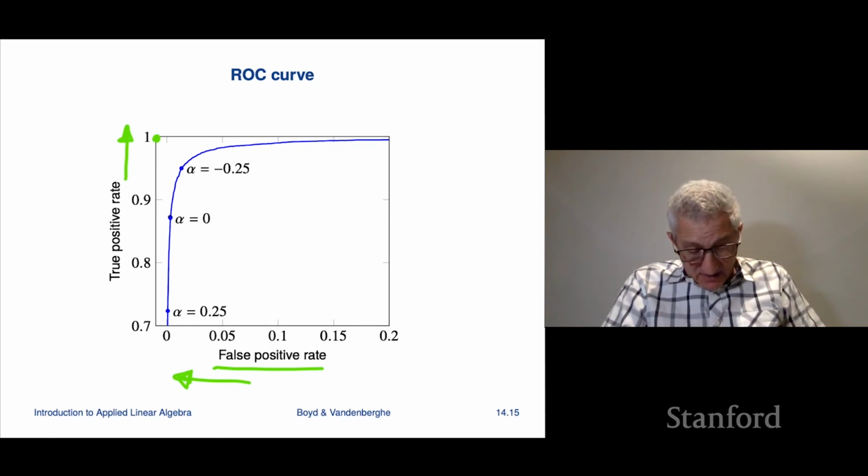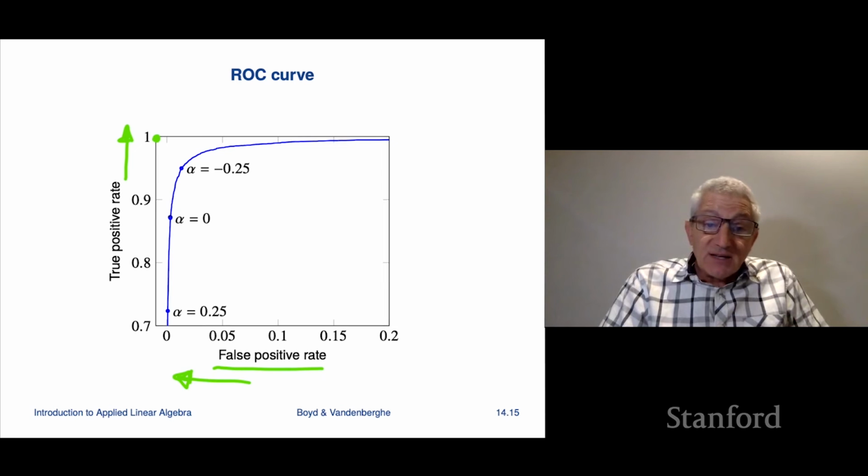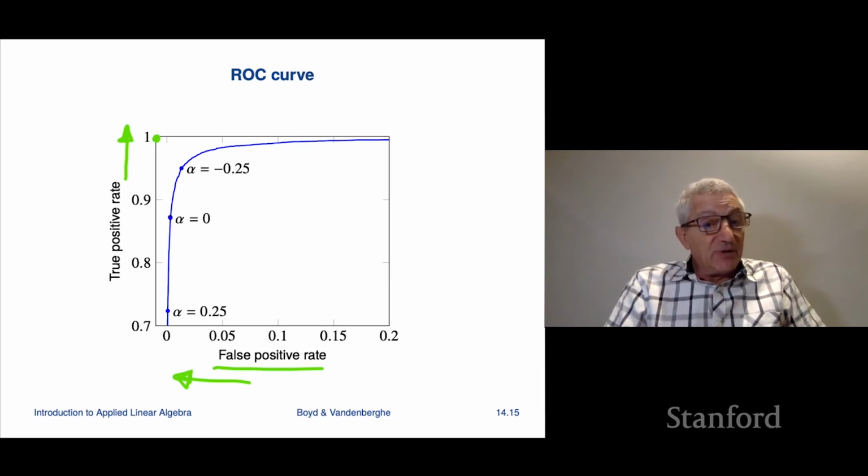That's something that has to come from the application. So you might say, we can't have too many false positives because if there are too many, people are going to ignore the alarm. That's a typical thing that might happen. Or you'd say, false negatives are really bad because if we don't catch this and treat that disease, the outcome is very poor.